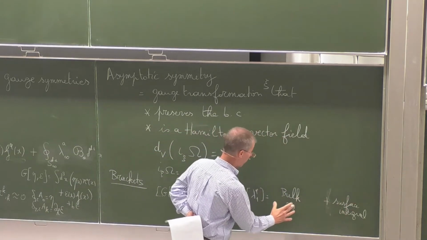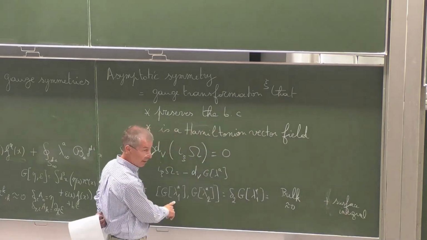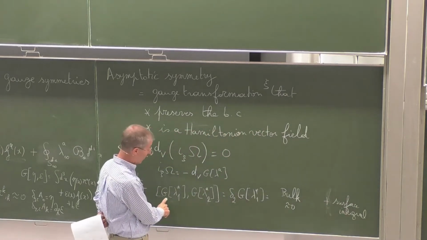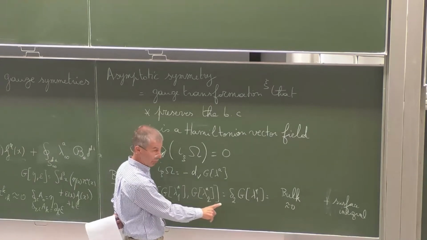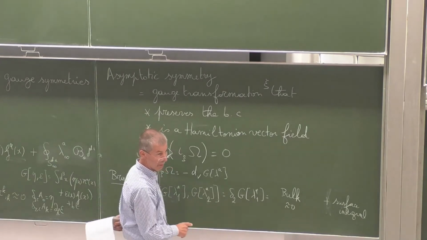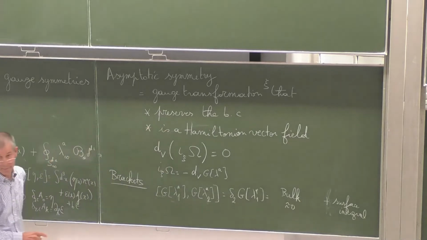And so if a generator is weakly equal to 0, its bracket with the other generators of asymptotic symmetries will also be weakly equal to 0. In other words, they form an ideal. And since they form an ideal, you can take the quotient.